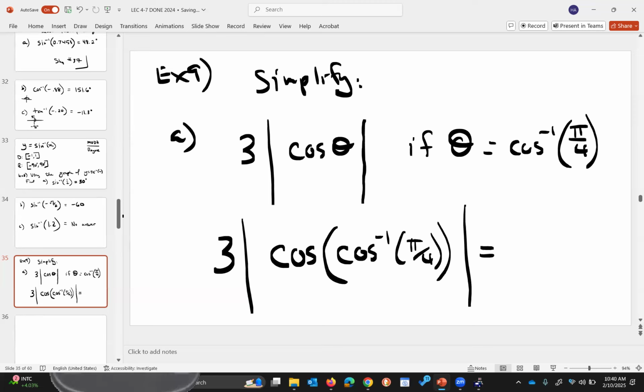All right. Anybody want to try anything here? So you could find out what cosine of cosine inverse of pi over 4 is. All right, you can try that. Go for it. Is that not the right thing to do? That's cool. Oh, you have to have a unit circle.